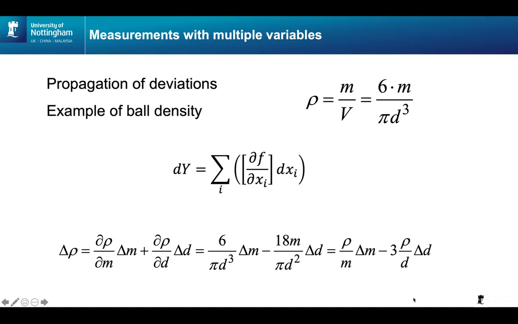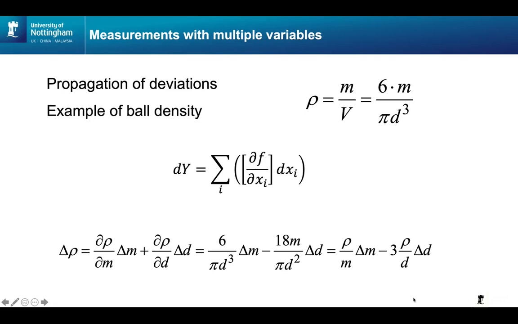So we can say delta rho equals d rho by dm times delta m plus d rho by dd times delta d. So that's the two variables, the mass and the diameter. Solving for the partial derivatives, we get 6 over pi d cubed delta m minus, notice it's a minus there because we've got the d cubed in the quotient, so it becomes minus 18m over pi d squared times delta d.